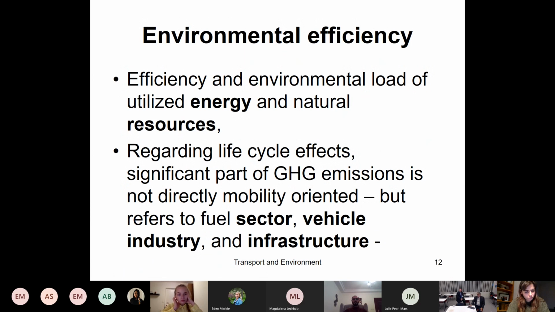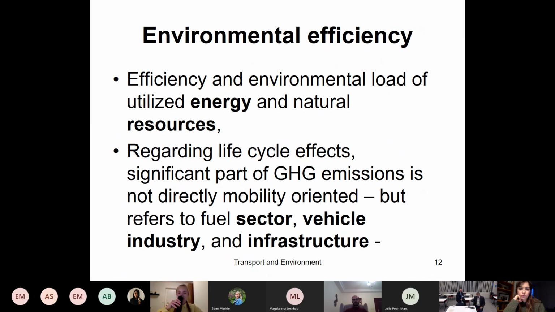Efficiency is an important question generally, and in the field of transport especially. The use of energy, and of natural resources, because we need not only energy but different other resources for production, infrastructure development, maintenance, and operation of the network.